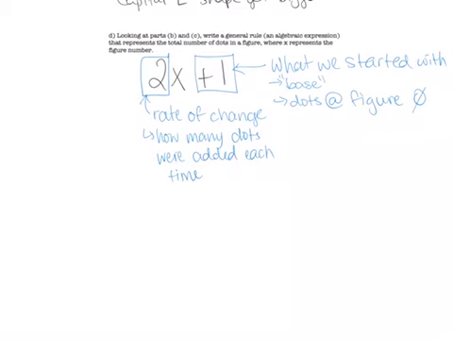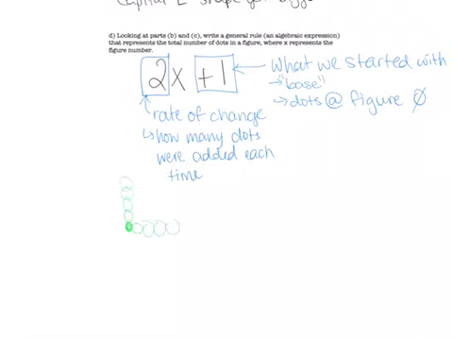Figure 1 is like this, figure 2, figure 3, figure 4, figure 5, and we see that figure 5 would have 11 dots. We could figure that out easily by counting.